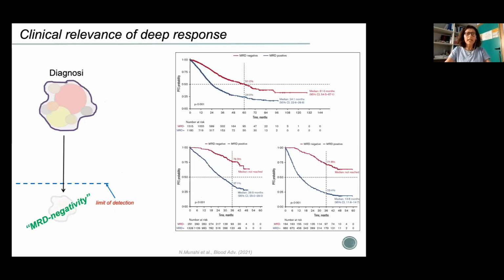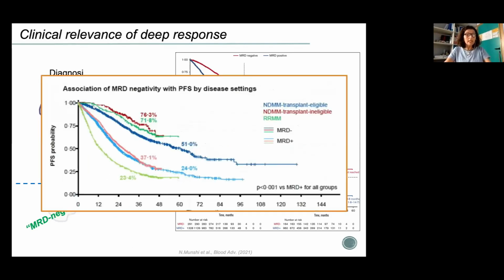In fact, it has been repeatedly demonstrated that the achievement of MRD negativity is one of the most important prognostic factors impacting patients' survival. And lately, this was confirmed by this large meta-analysis, including more than 8,000 patients coming from 25 different studies. And more importantly, this is true in different clinical contexts.